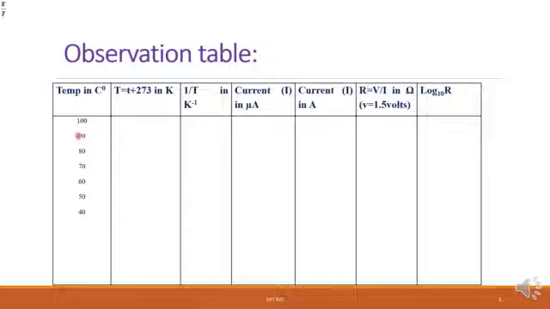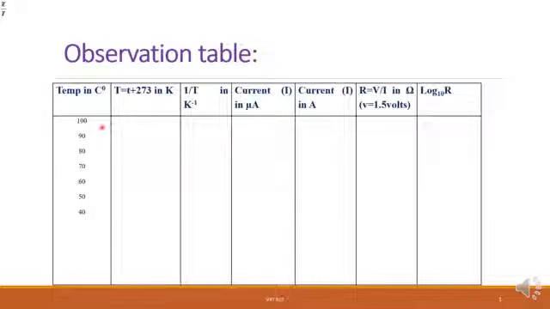Here the temperature we take 100 degrees Celsius, 90 degrees Celsius up to 40 degrees Celsius, to see the microammeter readings and note down the corresponding current readings here. After that we calculate capital T here. Capital T is temperature in Kelvin.